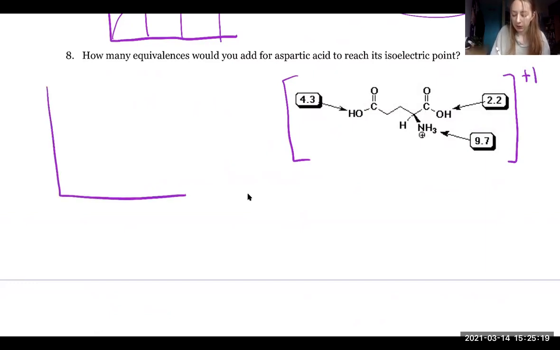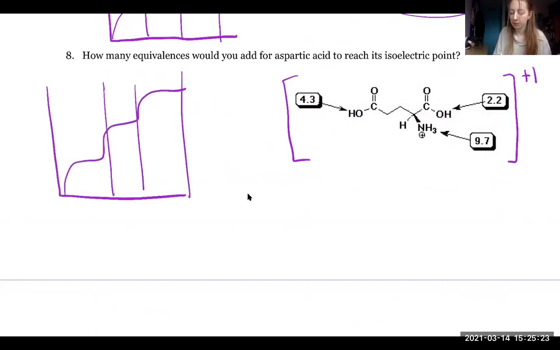So if we were to draw the chart for this, the initial charges, and then the charges that change sequentially with the equivalences, we'll get something like this. And to get to the isoelectric point, that just means the charge is 0. And so all we need to do is get to the first equivalence point. So the answer here is 1 equivalence.